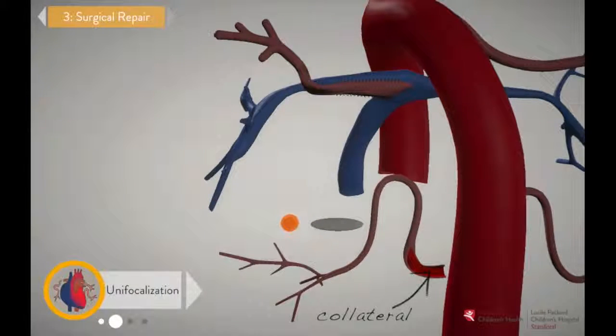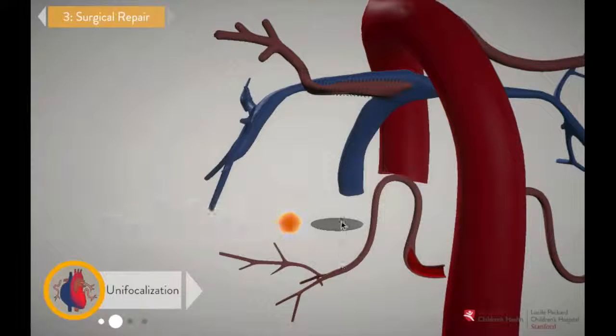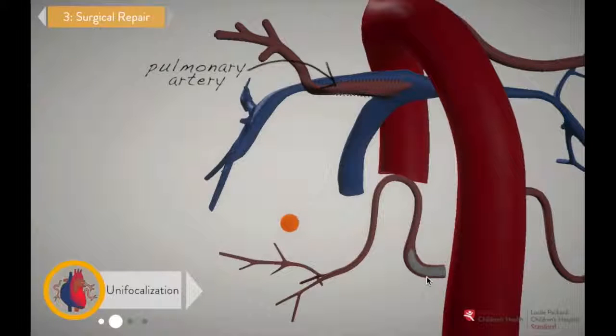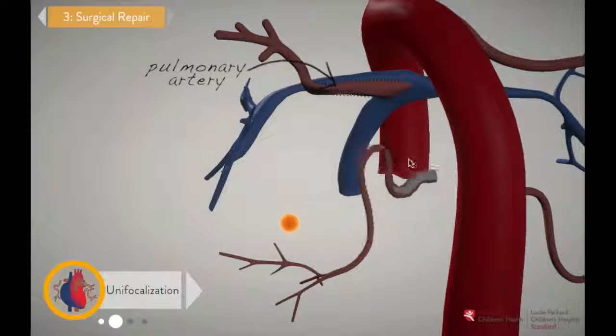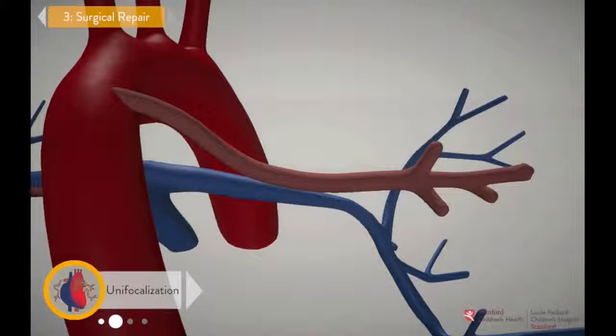Sometimes the collaterals are a little small, so we make them bigger by sewing in some extra patch tissue. Grab one of the tissue patches and add it to the smaller collateral. Now, attach the enlarged collateral to the pulmonary artery above. Nice work.